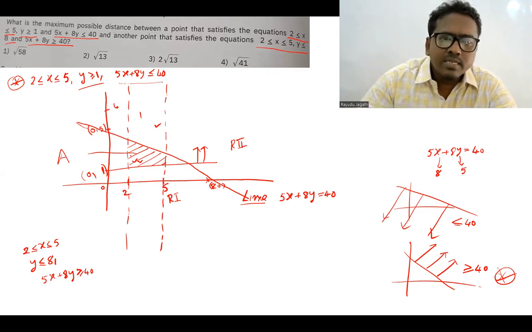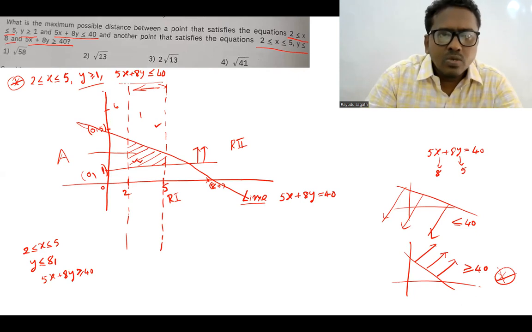2 less than or equal to x less than or equal to 5. Therefore, this part comes under 2 less than or equal to x less than or equal to 5, and this is above 5x plus 8y greater than or equal to 40. Okay, y less than or equal to 8. So this is the point (0, 8) corresponding to y.